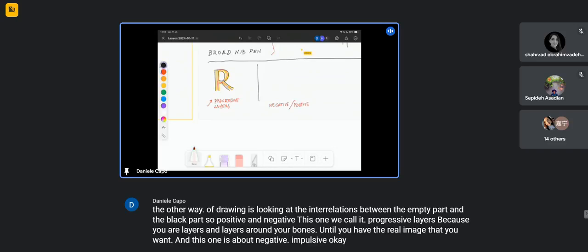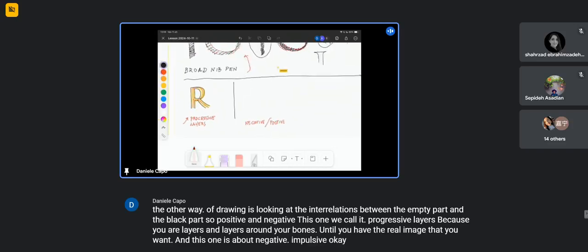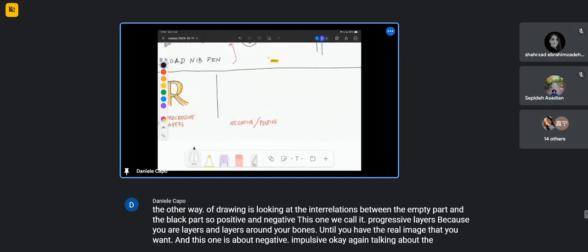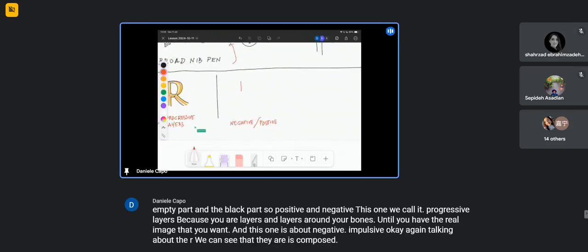Okay, again, talking about the R, we can see that the R is composed by one closed shape and another open shape.